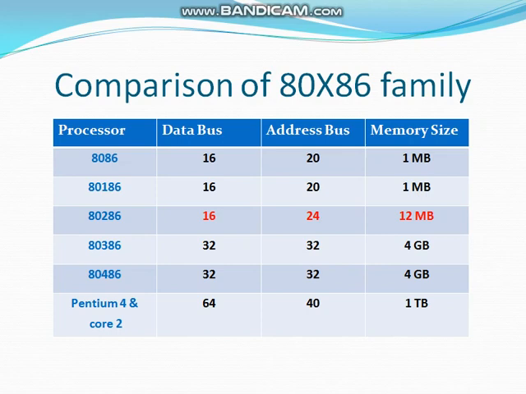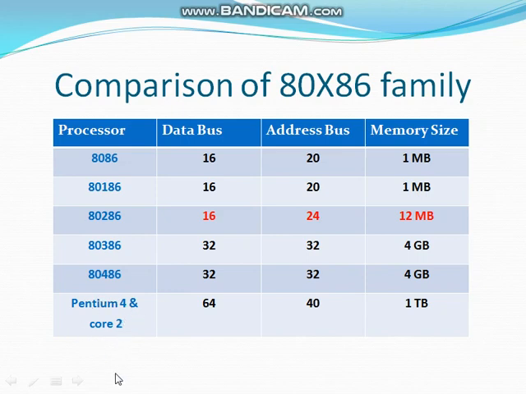In 386, the data bus is of 32 bits, address bus also the same, that is 32 bits. So it can address up to 4 GB physical memory. 486 has the same data bus, address bus, and memory addressing capability as 386.